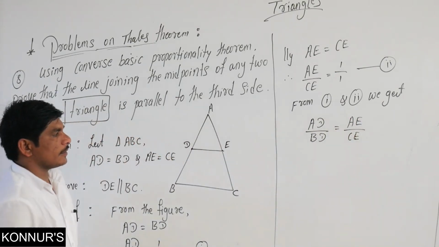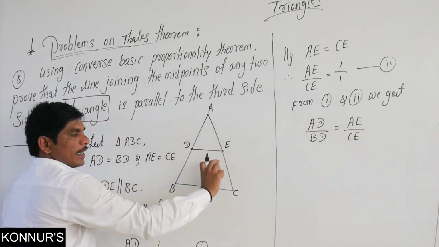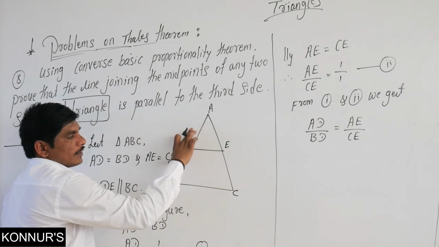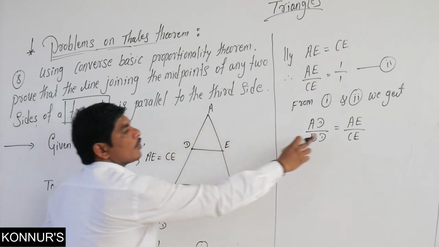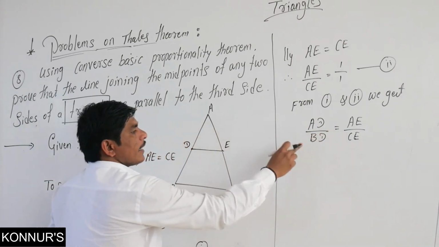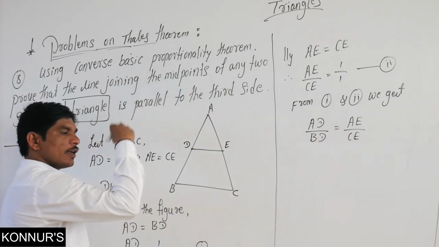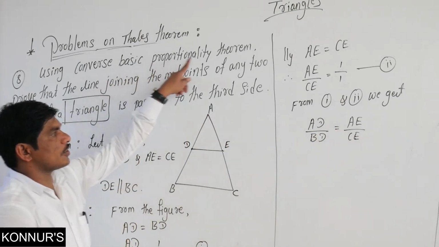Here you observe AD by BD, AE by CE. These two are in the form of a ratio, but both are equal. It means it is related to the converse basic proportionality theorem.